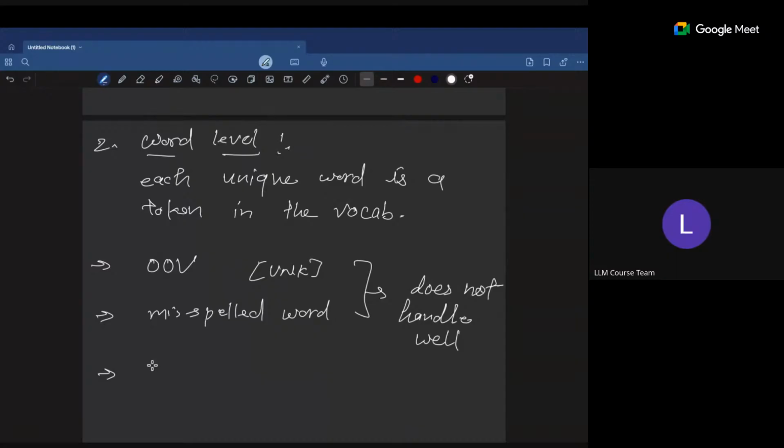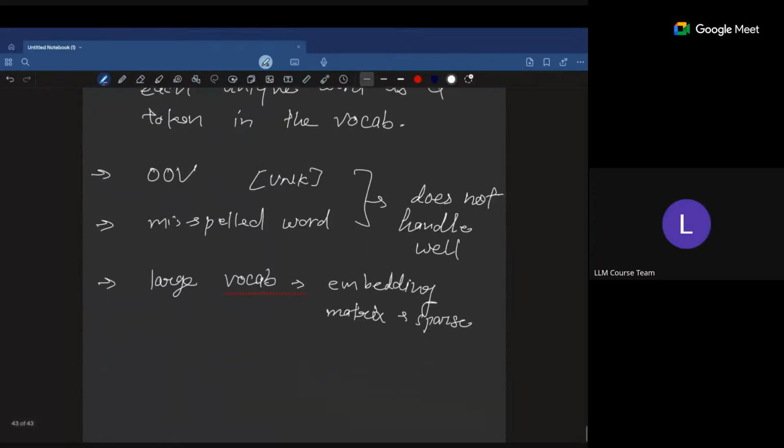Actually, we need a very large vocab if we are using word level because we want most of the words in the vocabulary, otherwise unknown words will be lost. And if we have a large vocab, the embedding matrix that we use in the models will be very sparse, right? So this is again one of the issues with word level tokenization.